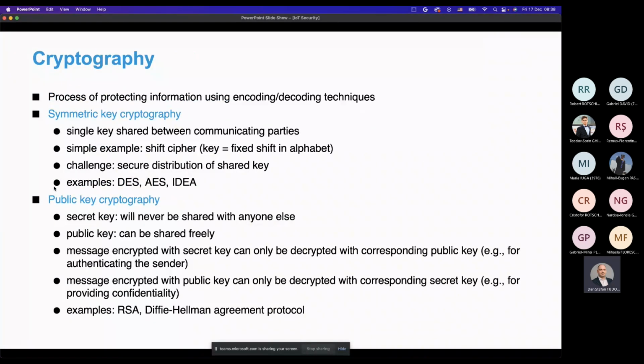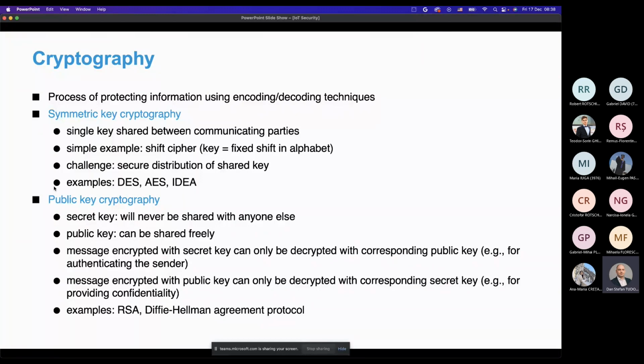Okay, in all types of communication networks, there are several fundamental security mechanisms that can be used to provide confidentiality, integrity, and availability. So, for example, cryptography, and you're probably very familiar with cryptography from the lectures that you had before, is the process of hiding and protecting information using some sort of encoding and decoding scheme.